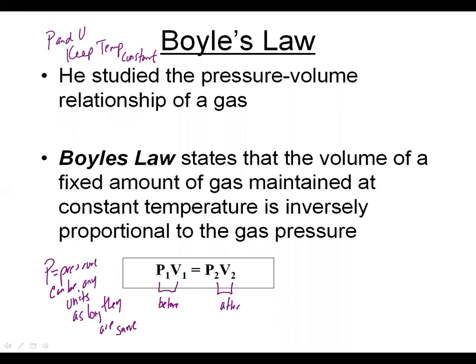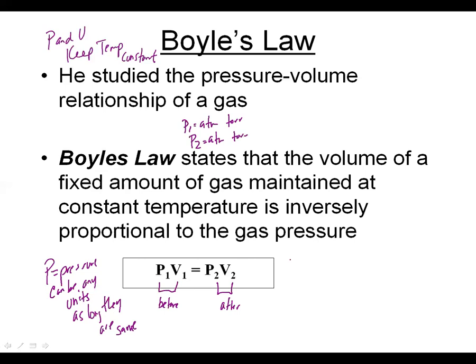So what that means is if P1 is atmospheres, when you do the calculation, P2 should be atmospheres as well. And again, if P1 was torr, P2 should be torr, and so forth.